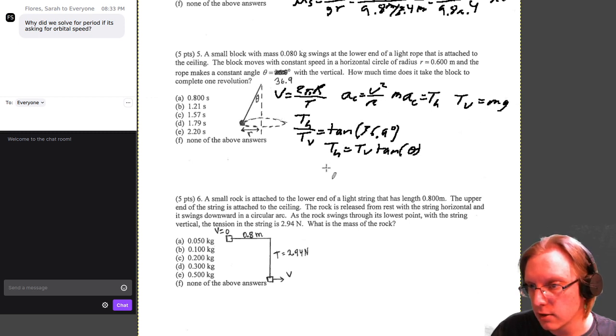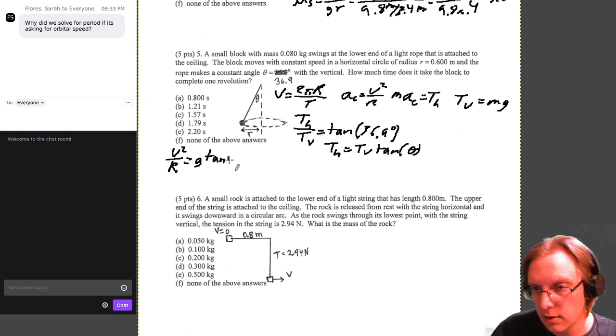So then V squared on R is equal to G tan theta. And now we need the V. So V is equal to the square root of GR tan theta.